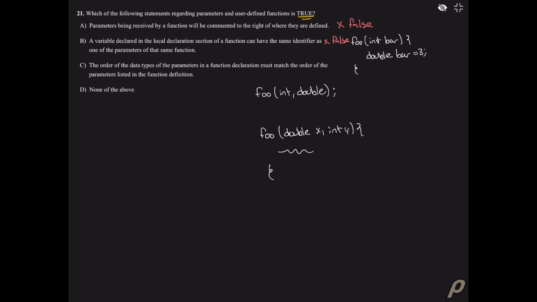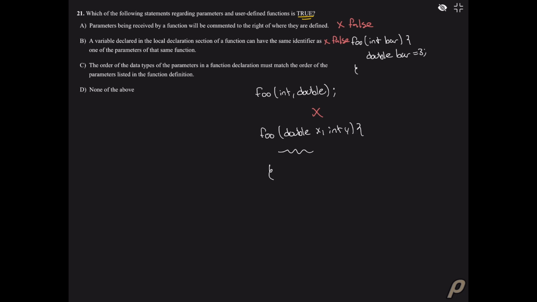Well, that doesn't make sense. That's probably not going to work. And this is a double, and now it's an int. That's not allowed. You can't do that, which means that this is true. The order of the parameters in the declaration also must match the order of the parameters in the function definition.